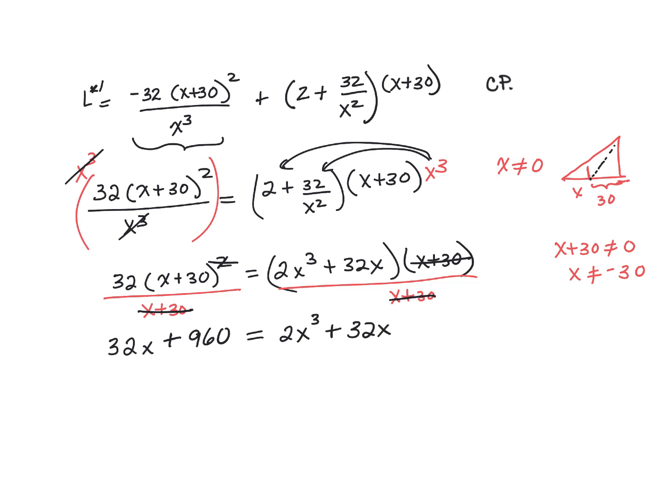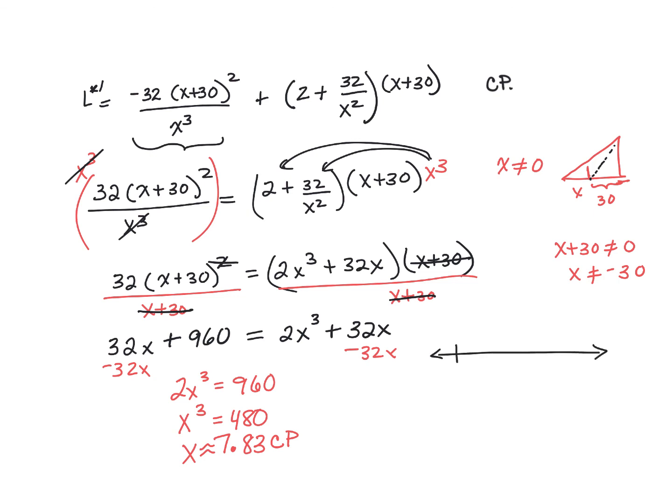If I subtract 32x from each side, I get 2x cubed equals 960, or x cubed equals 480, and x is approximately 7.83. So this is a critical point. We know that x values have to be bigger than 0. Negative values aren't going to make any sense. And we have a critical point of 7.83.